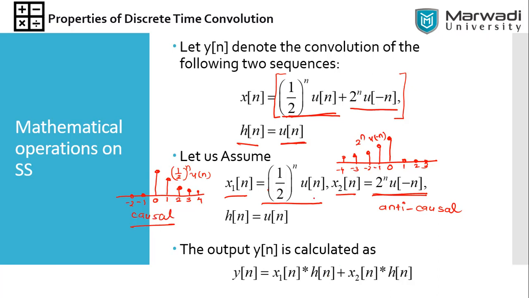So there are two inputs, one is causal, the other is anti-causal. And the impulse response is given as u of n. Then the output y of n is calculated as x1 of n convoluted with h of n and x2 of n convoluted with h of n. Understand this?